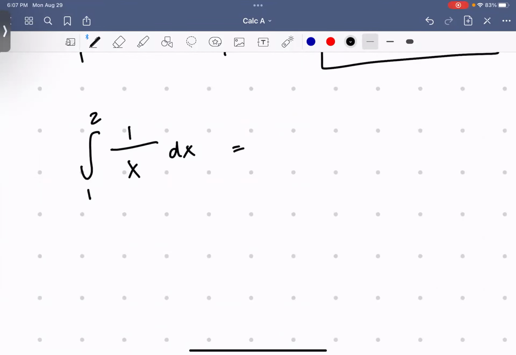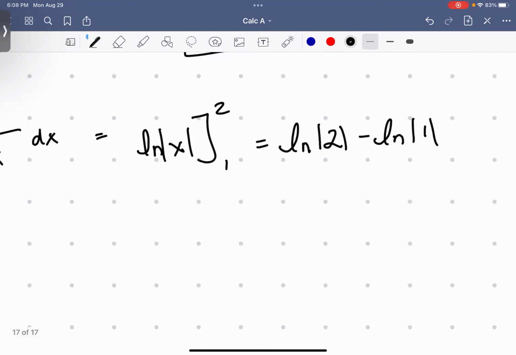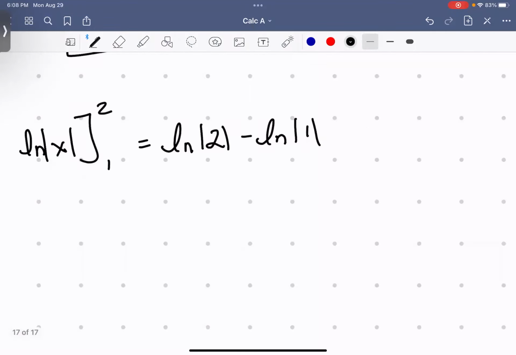So what is the integral of 1 over x? It's going to be ln x, or technically ln of the absolute value of x, from 1 to 2. And when you plug this in, it's going to be ln 2 minus ln 1. But the natural log of 1 is 1.